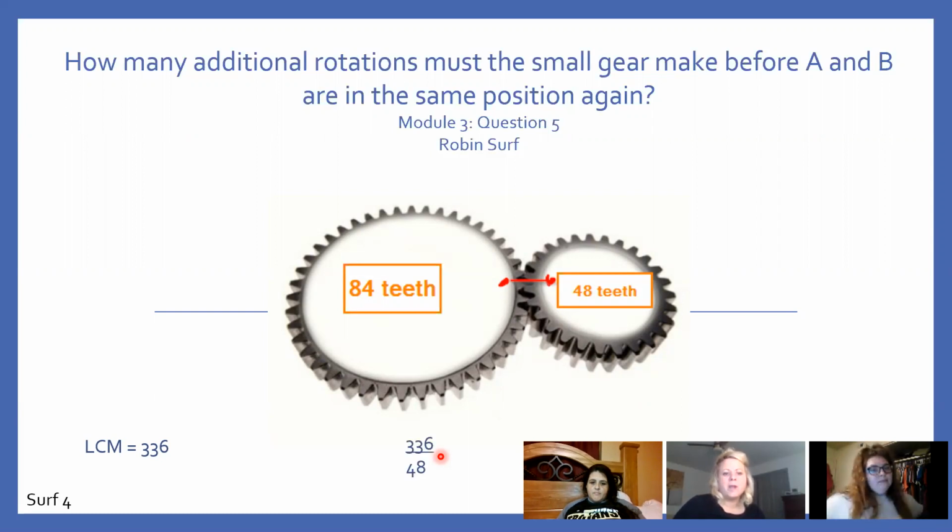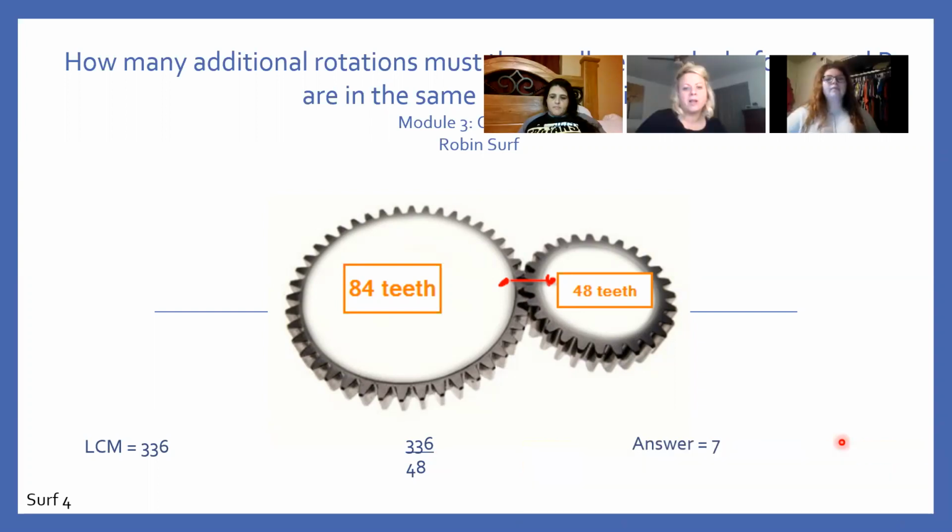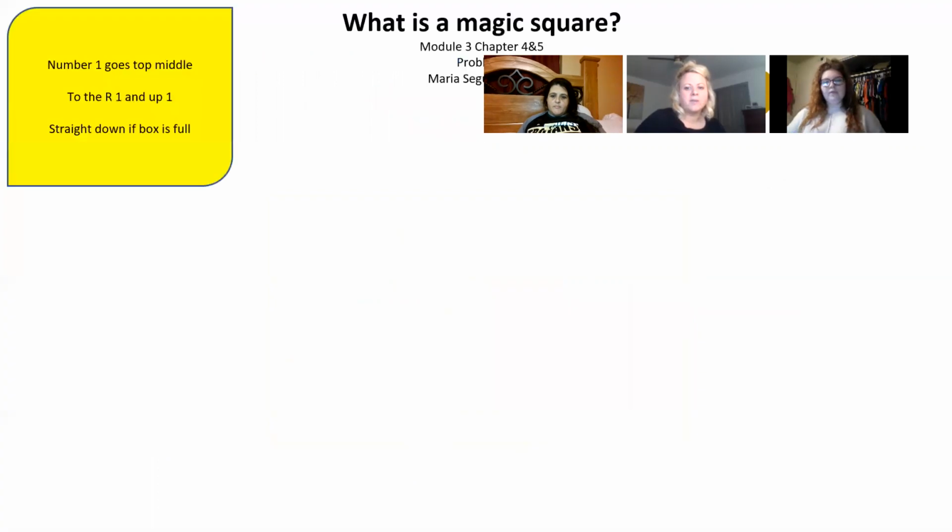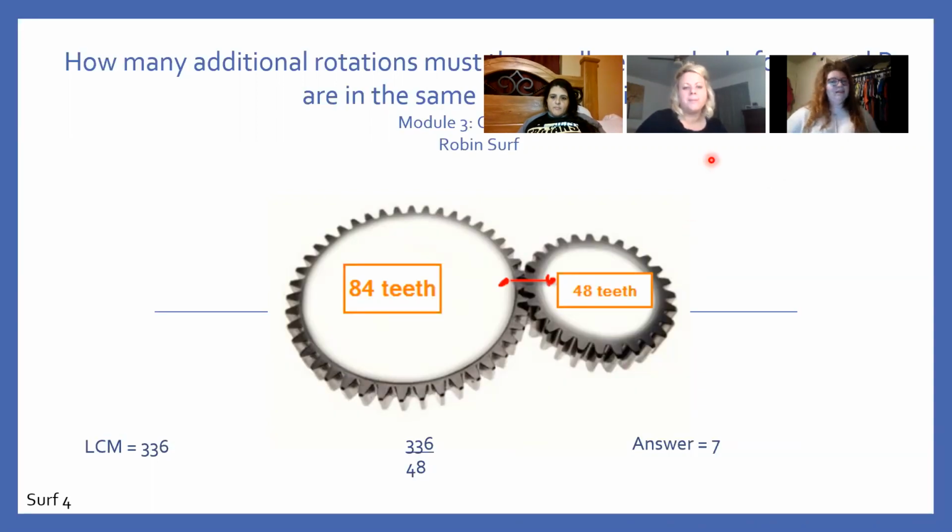To find out how many more revolutions the small gear has to make before A and B are in the same position again, you're going to divide the LCM by the number of teeth in the small gear, and that problem comes out to be 336 divided by 48. So the final answer would be 7. The small gear must take 7 more rotations than the larger gear before the dots will come back together again.